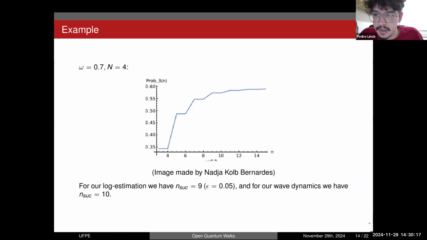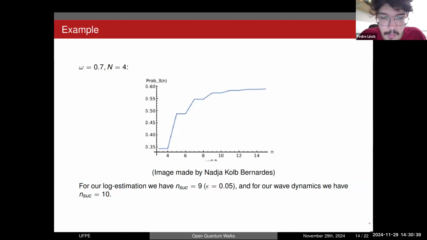So the probability of detecting the state in the last node, you can see that it's kind of an exponential convergence here, because you are under the assumptions that our last log estimation obtained.